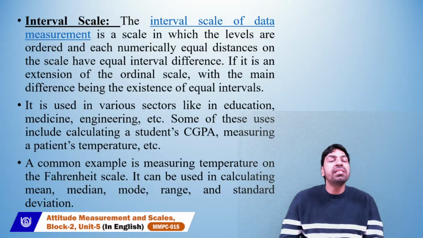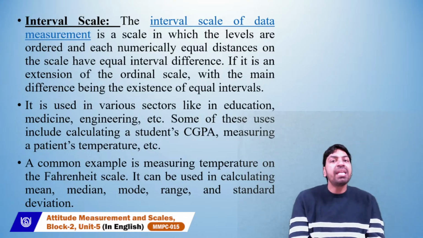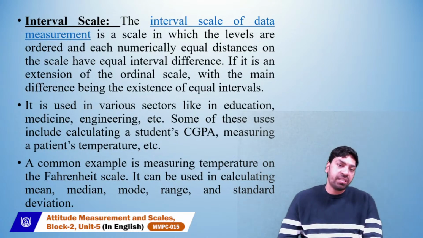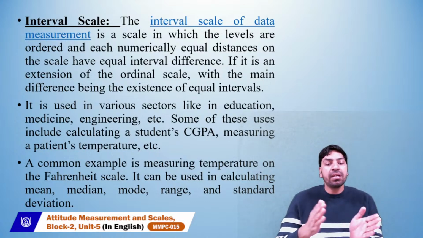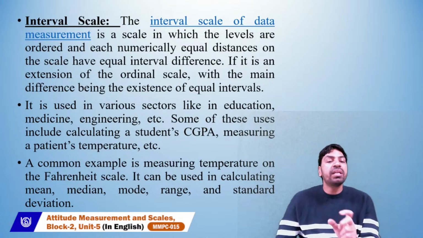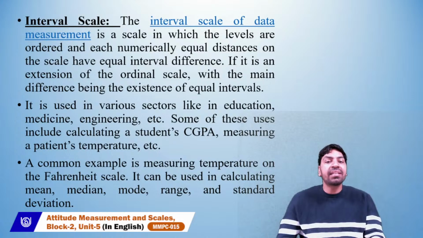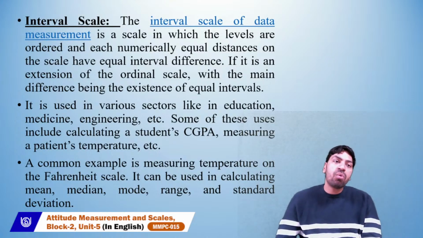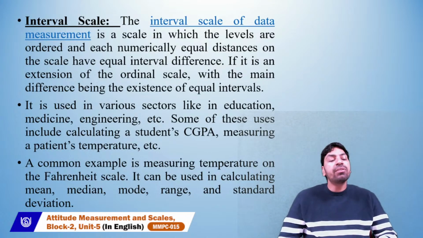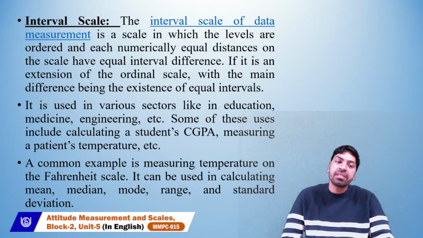In such scales the levels of data are ordered and every measurement is done through equal interval differences. If we talk about class intervals 0 to 10, 10 to 20, 20 to 30, we have an equal interval difference of 10. That is called the interval scale. Mostly this scale is used in education, engineering and medicine.